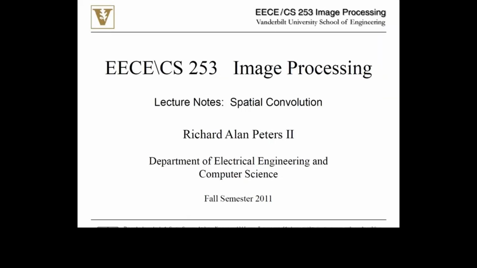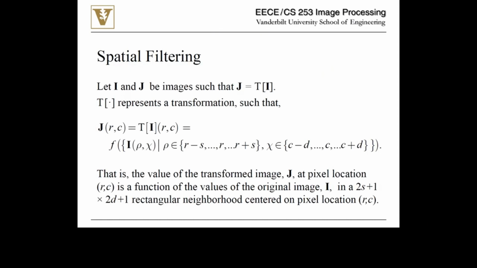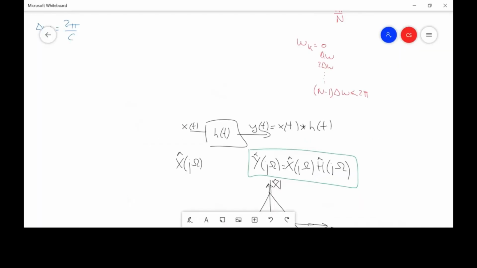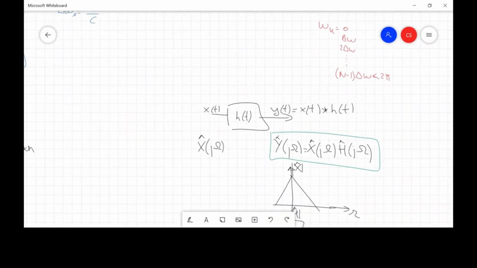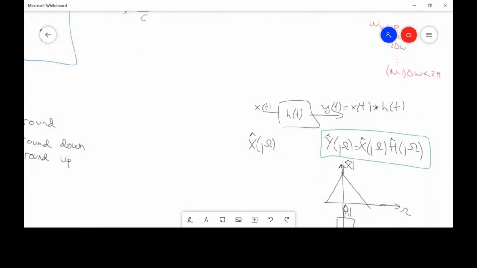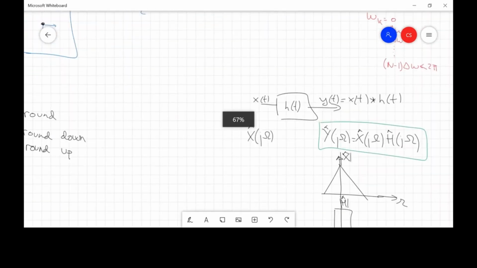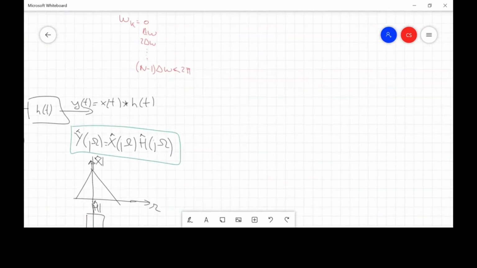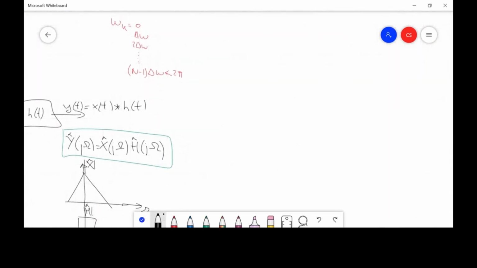So, what is a spatial convolution? Okay, so let's see what a convolution is in one dimension. I will do it with discrete signals.